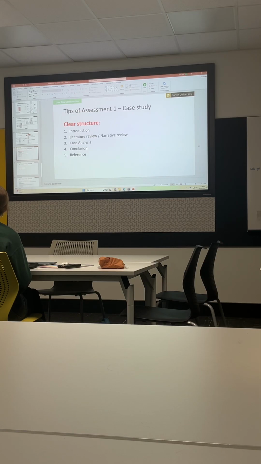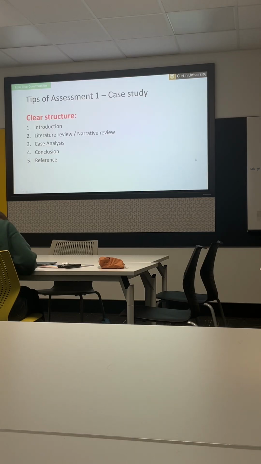I will get the rough amount of words for each section. Then I will get how many sentences I will put in that section. That will make your writing very clear and efficient when you organize that. So for the introduction, maybe you will have 15 sentences, which is not hard to conduct.